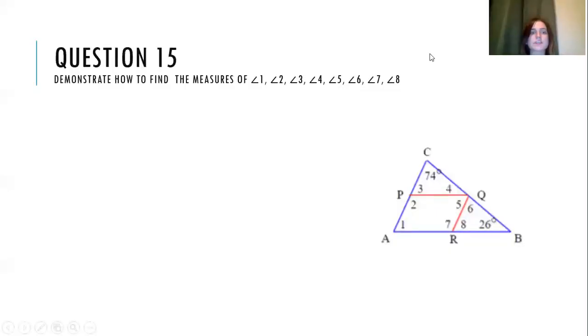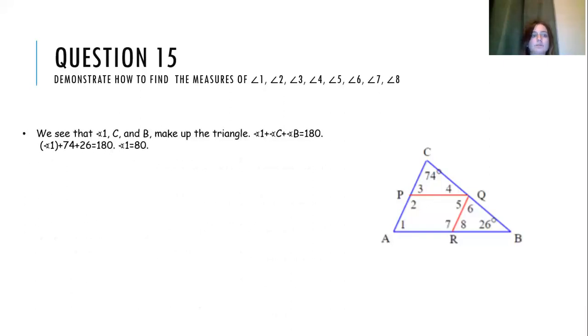So for question 15, we have to demonstrate how to find the measures of angles 1 through 8. So we see that angles 1, C, and B make up the triangle, and a triangle is equal to 180 degrees. So angle 1 plus angle C plus angle B are equal to 180 degrees.